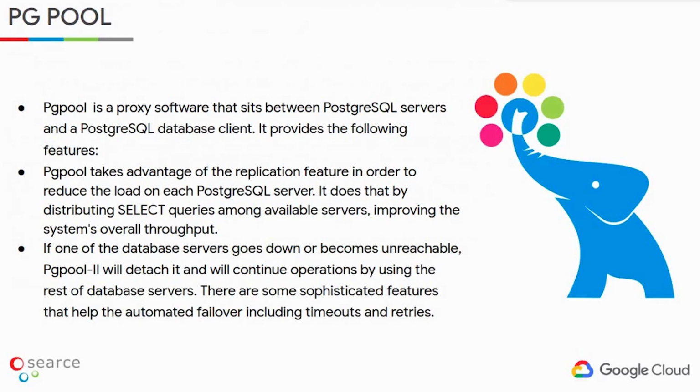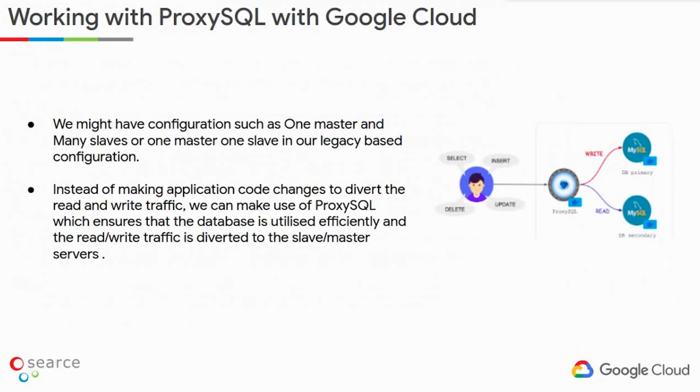It also makes sure that each and every server is reachable by the PGPool server. Just in case it identifies that one of the servers is down, it promotes the other server as the master server, and there are some very sophisticated features that help us to perform this automatic failover. Moving on, we'll see how working with proxy SQL with Google Cloud works.